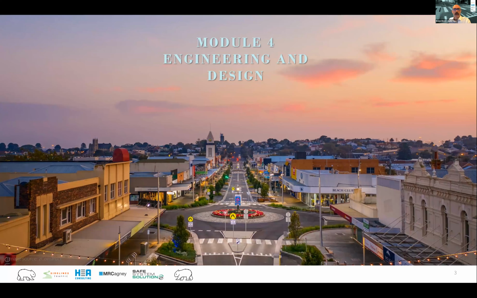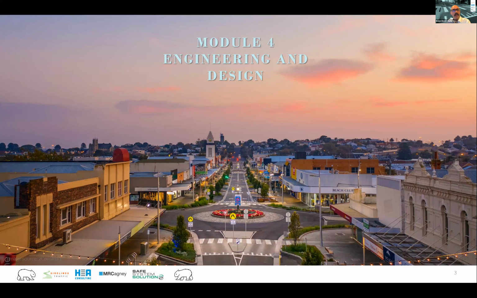Okay, so engineering and design. I'm going to talk about some key elements of engineering and design of raised crossings, but I'm going to talk at a principles of design level. The reason for that is because we have attendees from quite a variety of jurisdictions from across Australia and New Zealand, and there are differences in the specifics of the way things are documented in design standards and guidelines and slightly different practices.